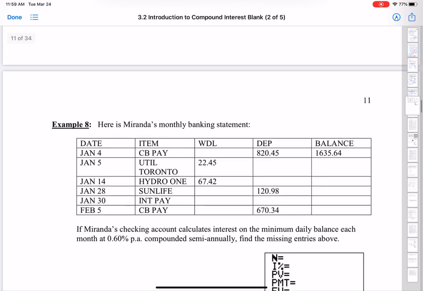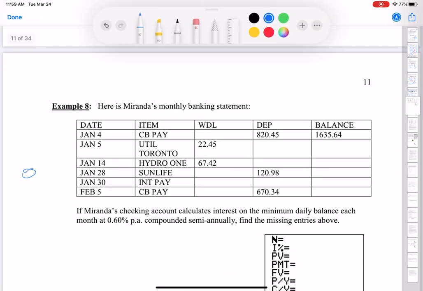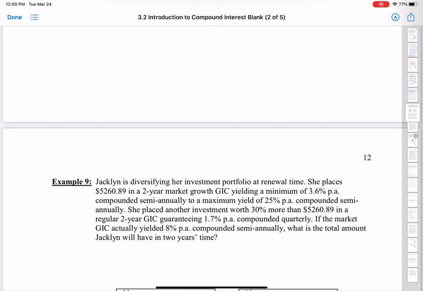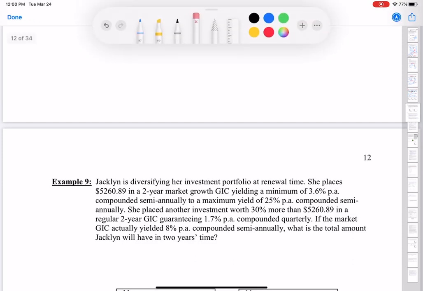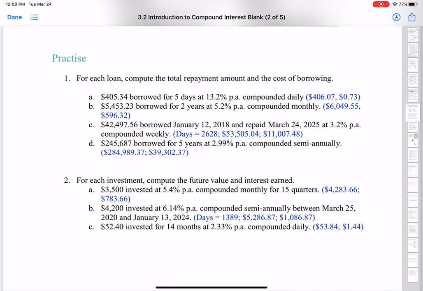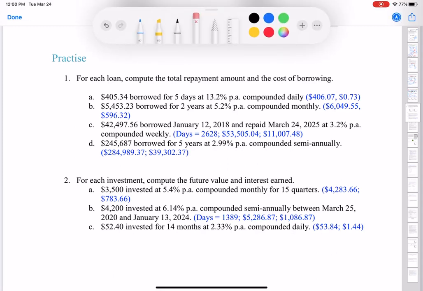I'm going to omit this Miranda's banking statement, and also I'm going to not do this particular example with you for the purposes of our shortened videos, but you should be ready to do all of the student practice that is at the end of this lesson.